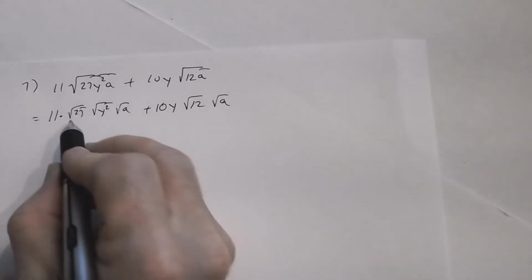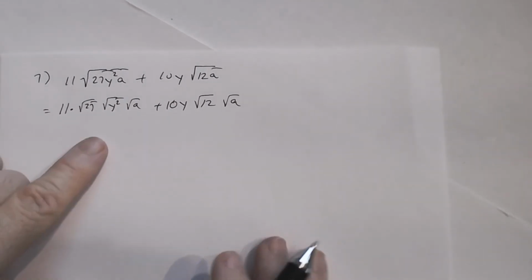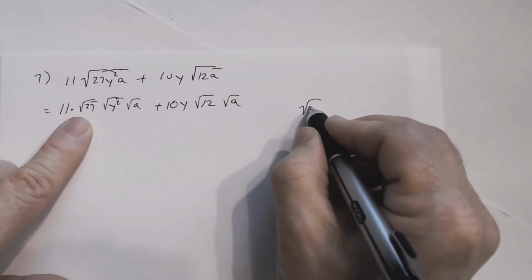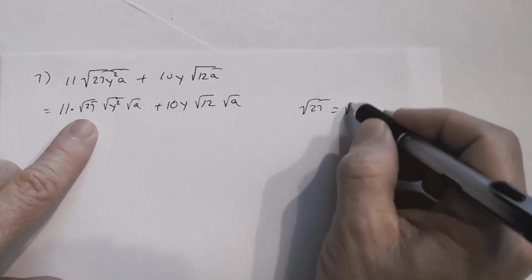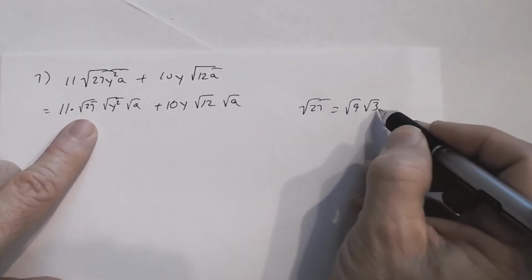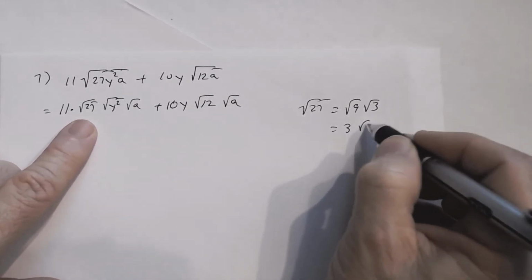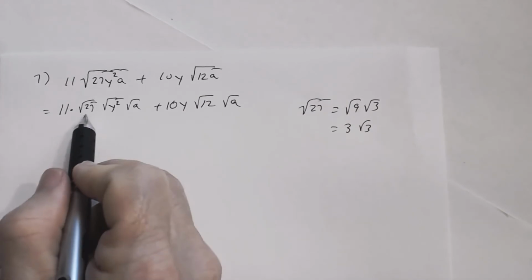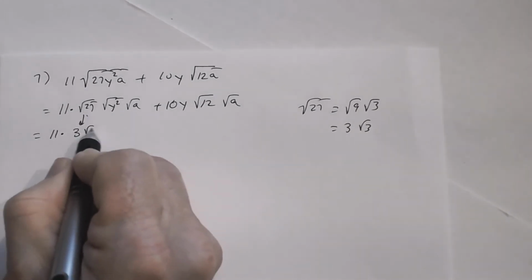All right, now let's go through each one and see if I can simplify those any further. So the square root of 27, what's the largest perfect square that goes into 27? All right, 9. So it'll be the square root of 9 times the square root of 3, because 9 times 3 is 27. And the square root of 9 is 3, so I get 3 square root of 3. So that is this. So I get 11 times 3 square root of 3.